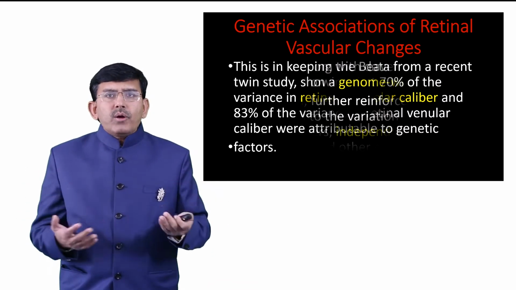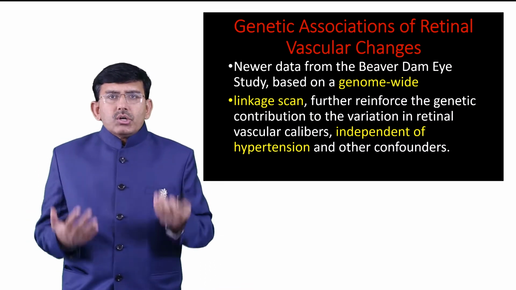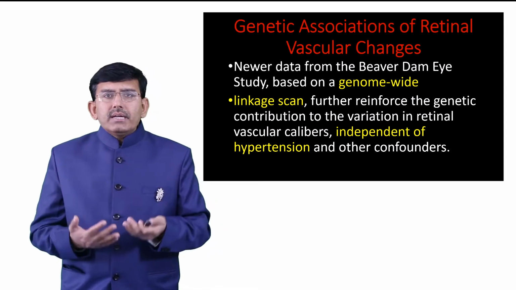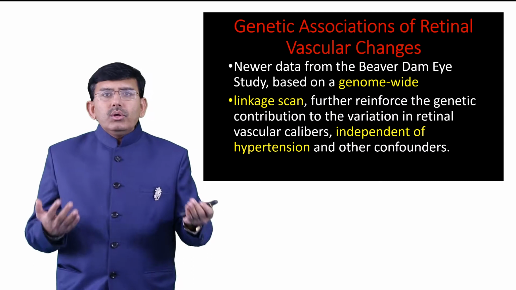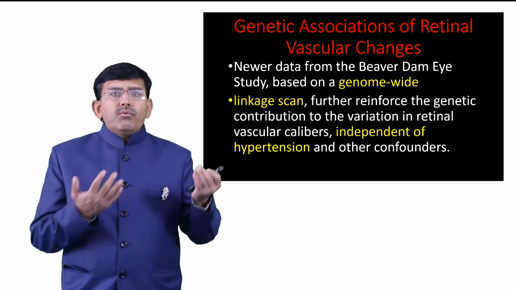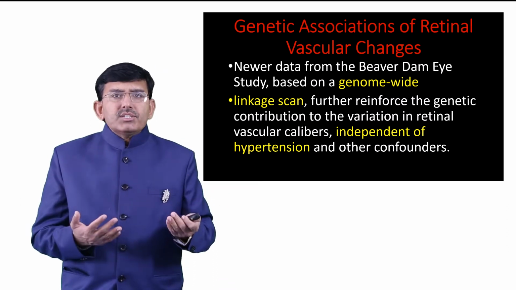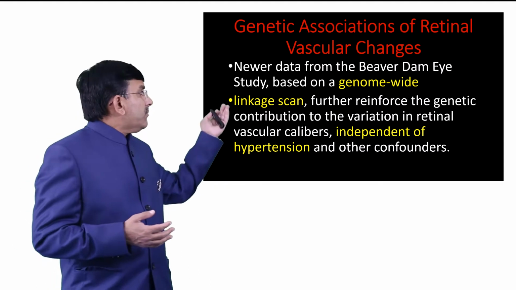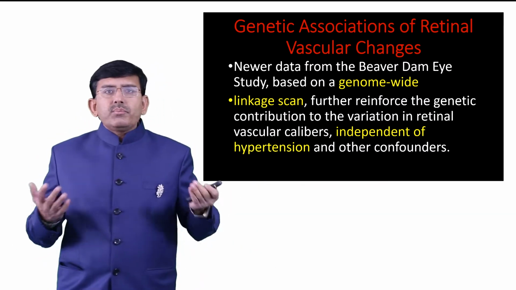Newer data from the Beaver Dam Eye Study, which is based on a genome-wide linkage scan, further reinforce the genetic contribution to the variation in retinal vascular calibers, independent of hypertension and other confounders which might be found along with diabetic retinopathy.